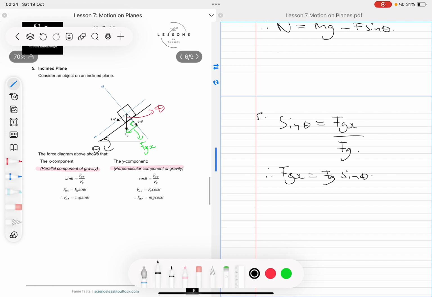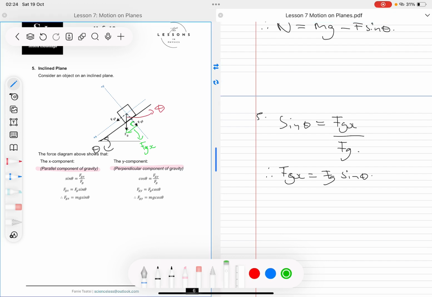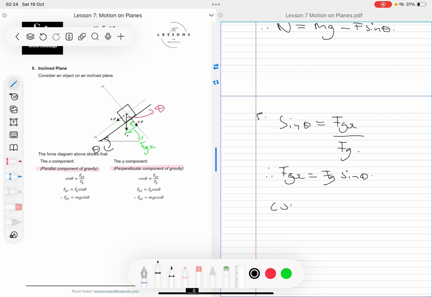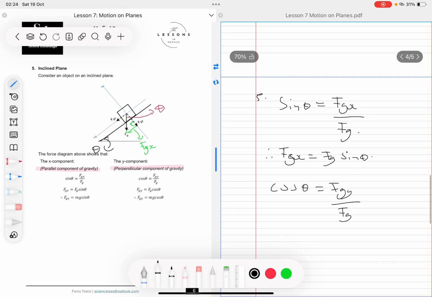The same can be done with the y component. Now if you look at the y component, if we say here the side adjacent to the angle, right, over the hypotenuse, that is a cos, it's a cos of theta. Cos of theta is equal to Fgy over Fg, because it's our hypotenuse.